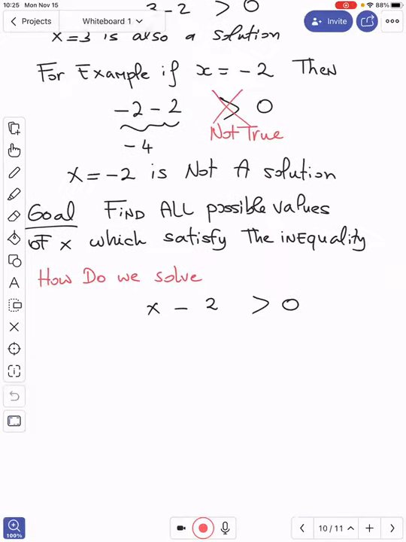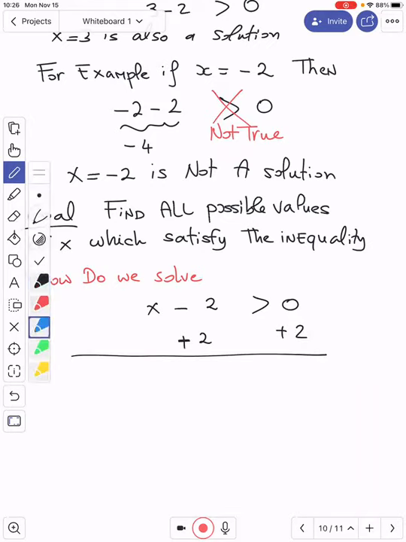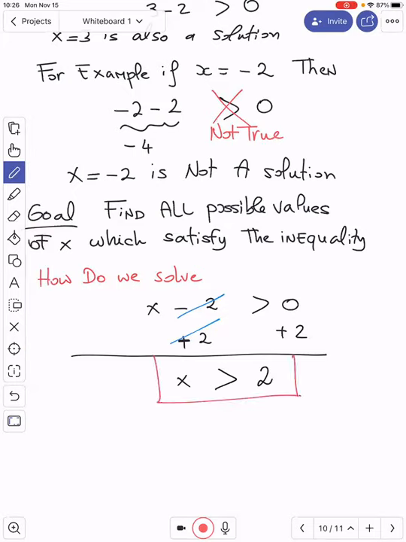You can add 2 to both sides, and then the -2 plus 2 cancel out. So what you get is x on the left side strictly larger than 2. What we are saying here is that the value of x has to be strictly larger than 2.